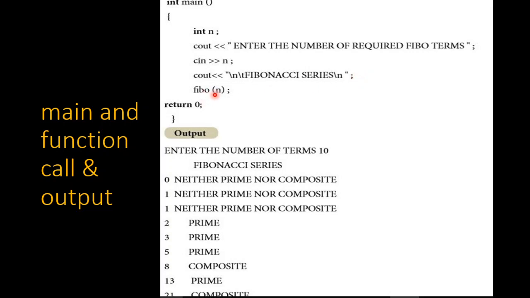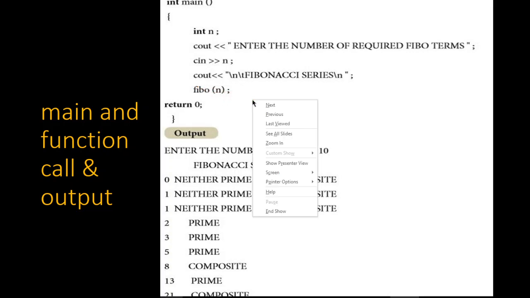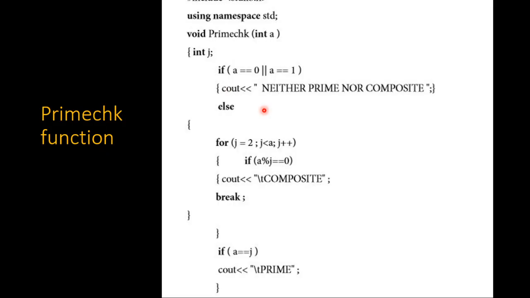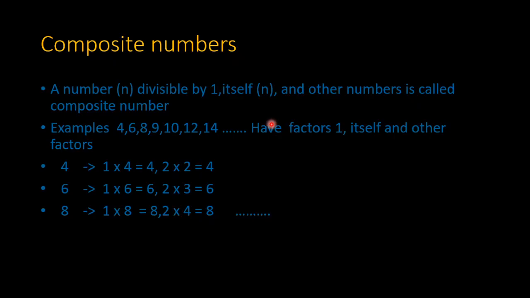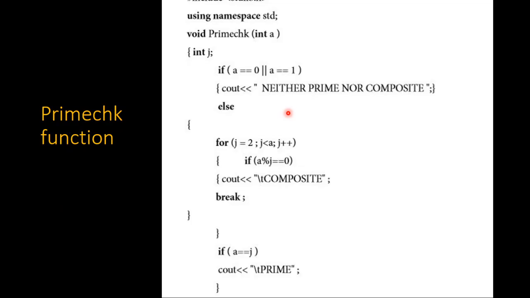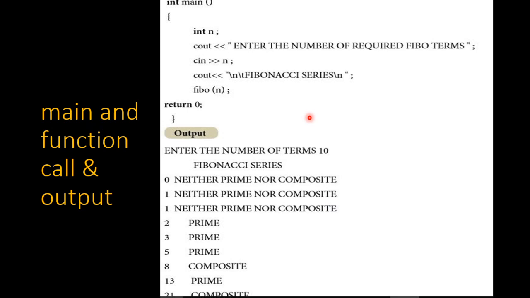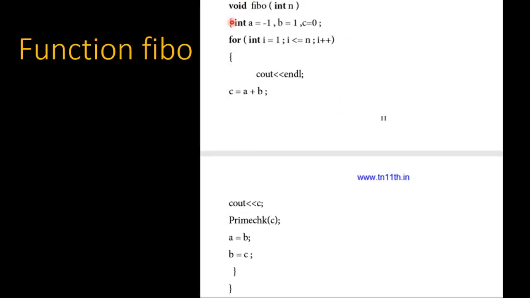So when Fibon is called, this is a function call, the function will go to the previous function Fibon, and in the Fibon function there is another function call, which is prime check.